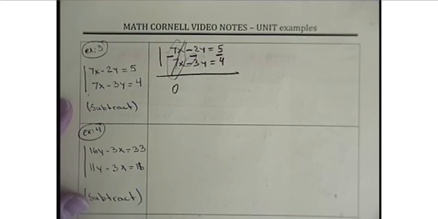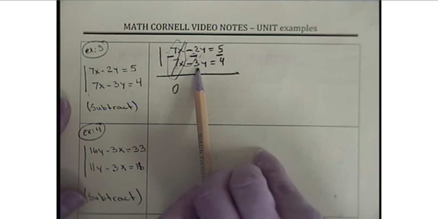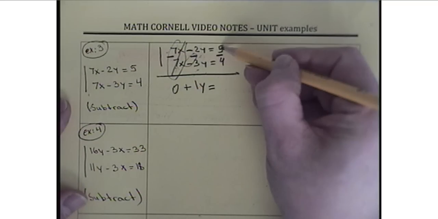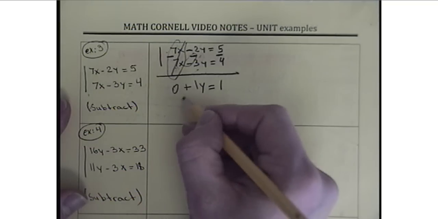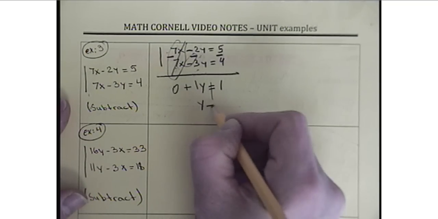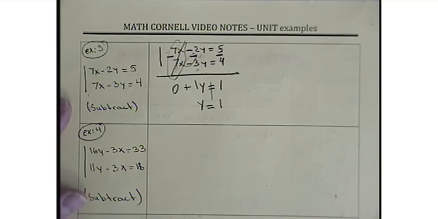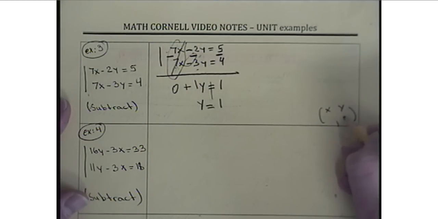Also, if you're using a calculator, you have to plug in negative 2 minus negative 3. This will give you plus 1y equals 2. And then we have 5 minus 4, which is 1. So this whole thing stays as 1y, or just y equals 1. So that will be my second half of the solution, y is 1.